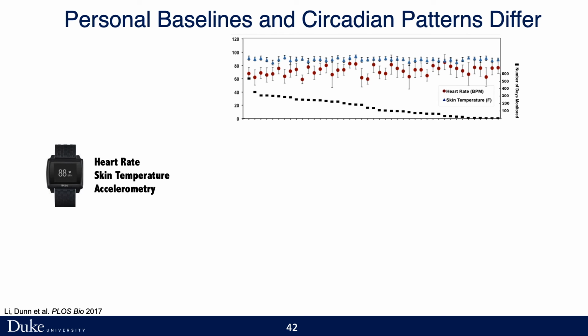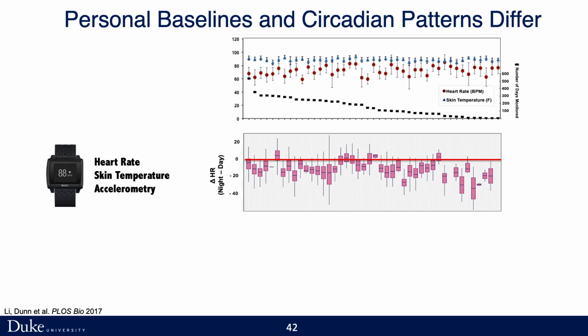And so we can also see this in some circadian biology. So, for example, we know that typically during the night, the heart rate decreases during sleep, and we can see that for most people in our study here. However, you can see that there are some people for which that dip in heart rate is much more prominent versus maybe a little bit less obvious.